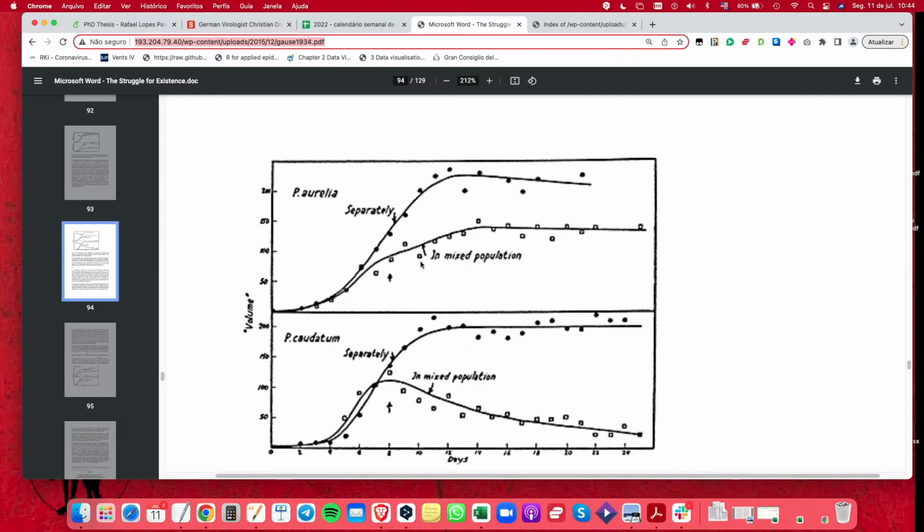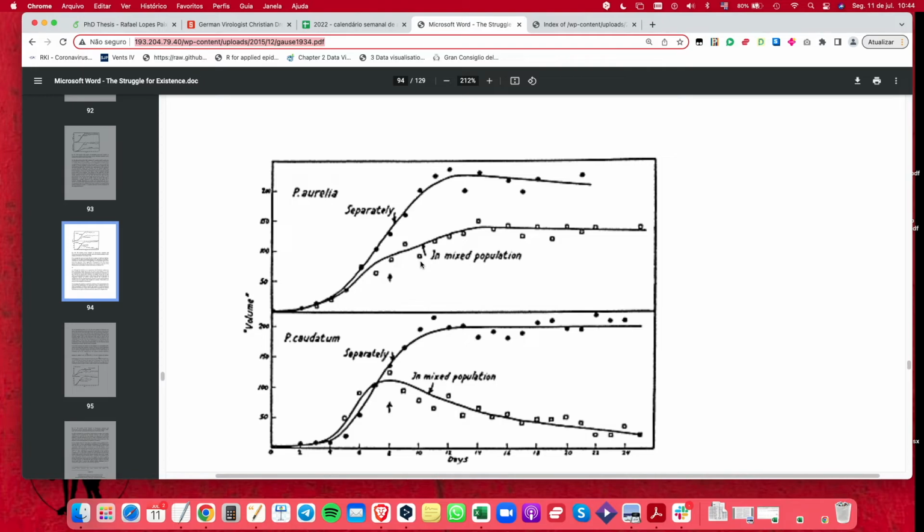the competition. Why? Because, well, Paramecium caudatum in principle seems to be maybe a better r at reproduction, but what happened here is it loses competition, but you don't know the real mechanism. So the mechanism is that Paramecium caudatum does not support pollution, and aurelia pollutes a lot, and therefore caudatum is out of it.